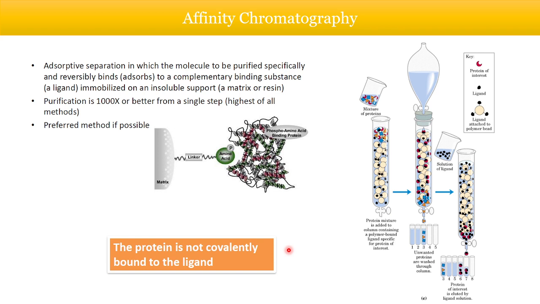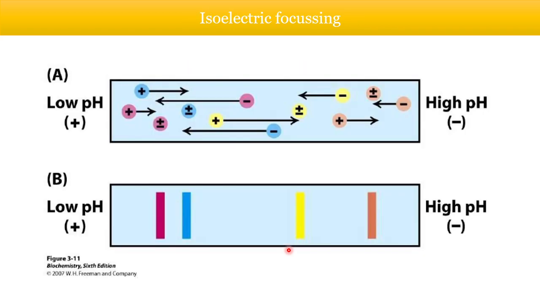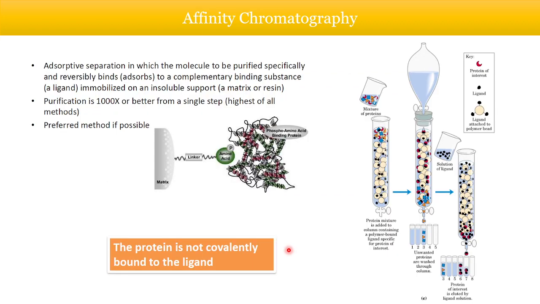So this is an adsorptive separation in which the molecule to be purified specifically and reversibly binds to a complementary binding material. Specifically it has to bind, because the binding has to be tight enough, but not very tight, because after all you have to elute it. The elution process is very important, because if you cannot elute it, then it makes no sense.